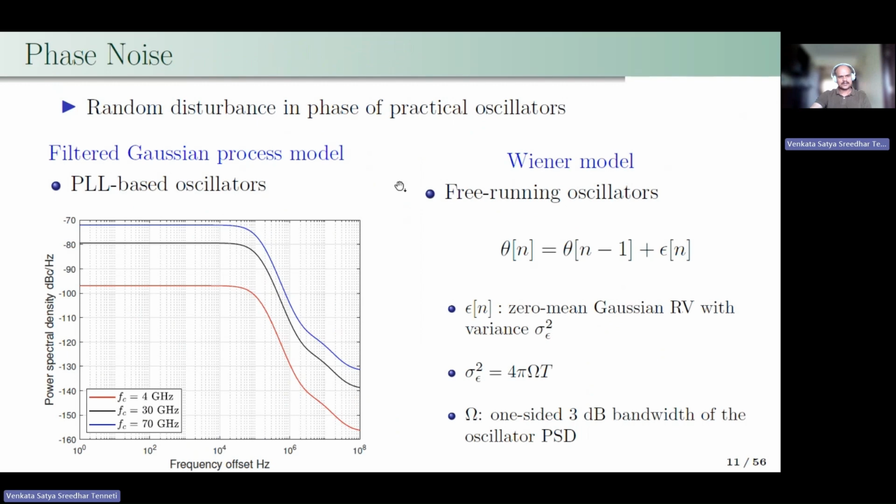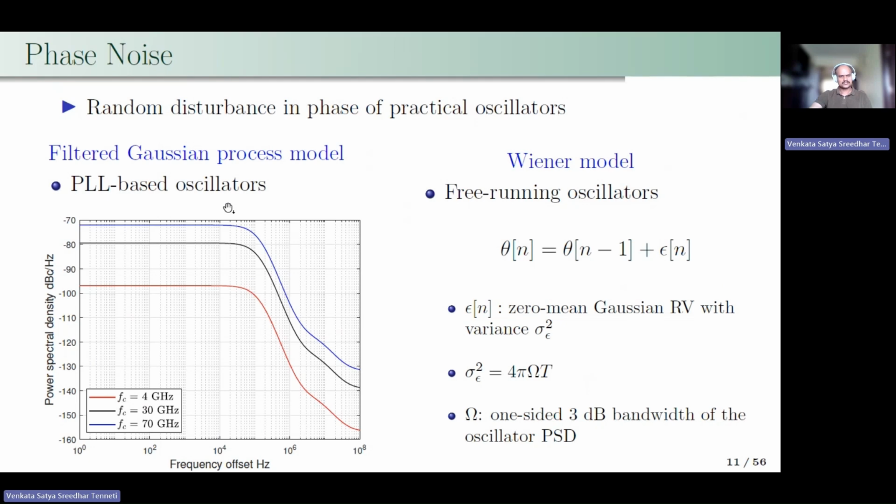The next factor which influences INI and ICI is phase noise. Phase noise is the random disturbance in the phase of practical oscillators. There are two models available in the literature to model phase noise. The first one is the filtered Gaussian process model. It is typically applicable for phase locked loop based oscillators.